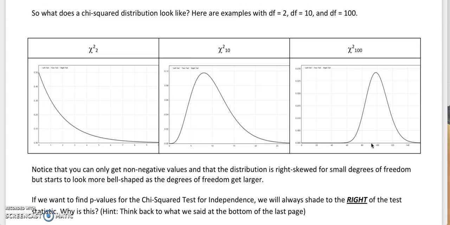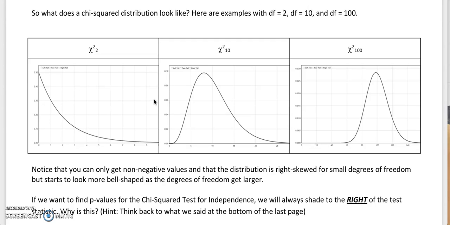Now, remember that the sampling distributions that you see here represent the types of test statistics we would get if the null model is true. To calculate our p-value, what we want is to know how likely, if the null model is true, it would be for us to get our test statistic or something more extreme.